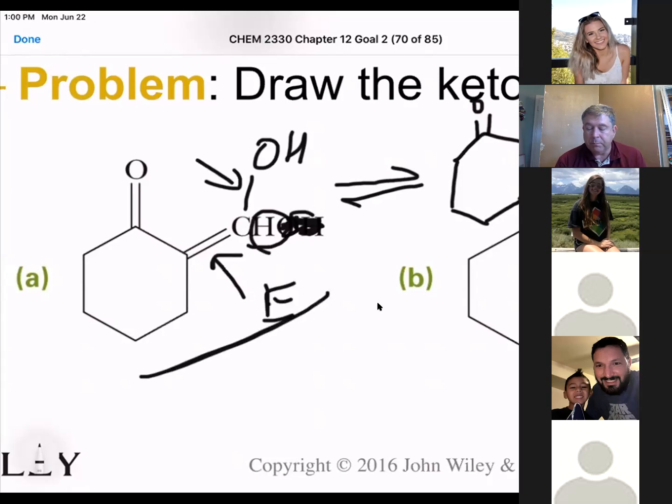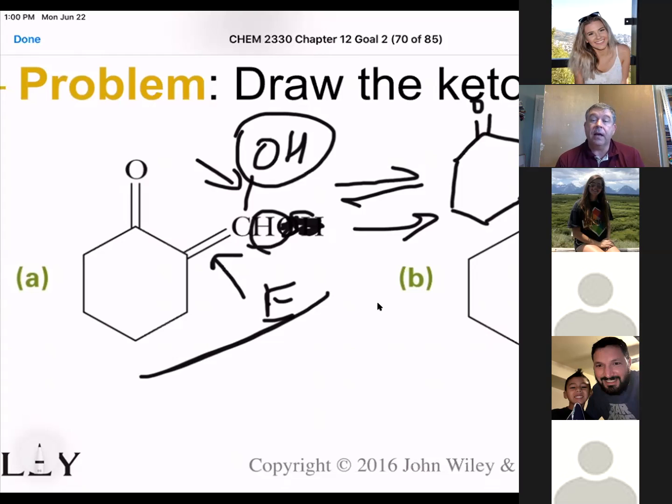It's going to shift mostly to the ketone side. However, we know that the oxygen with the OH on it becomes the carbonyl, okay? We don't want to break any sigma bonds. All we're doing is moving that pi bond from between the carbon-carbon and the carbon-oxygen, and we move one hydrogen only, okay?